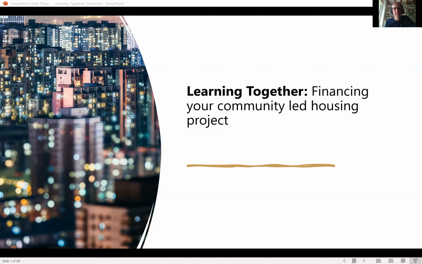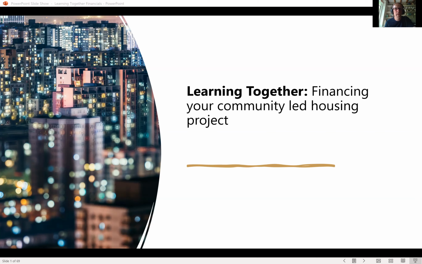And then I'm going to talk about 6 different common scenarios that I have come across in my role here at the Wales Co-op Centre, and previously as a member of a housing co-op and a co-housing project. I thought it'd be useful to look at it from the point of view of projects that have already set up and how they went about financing their community-led housing project.